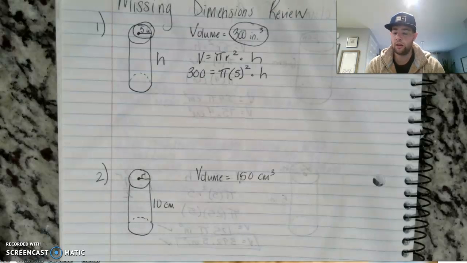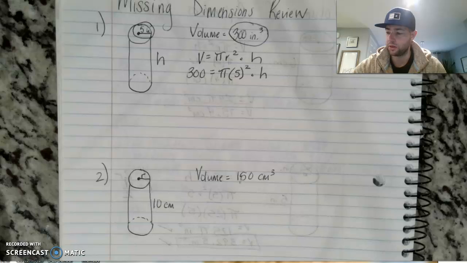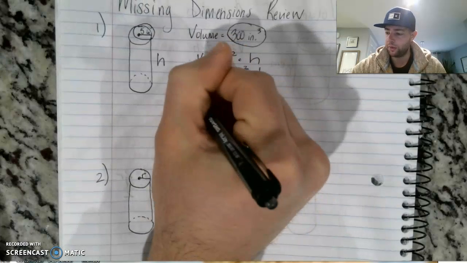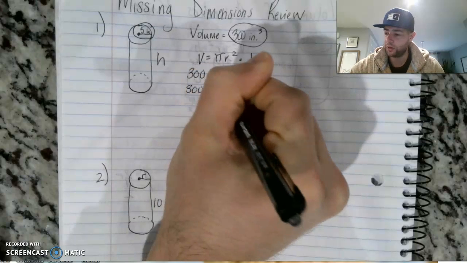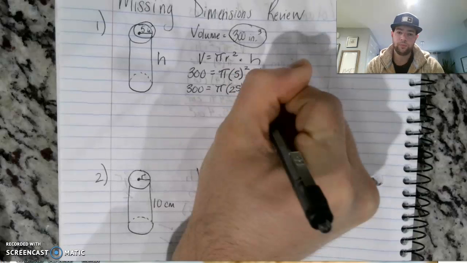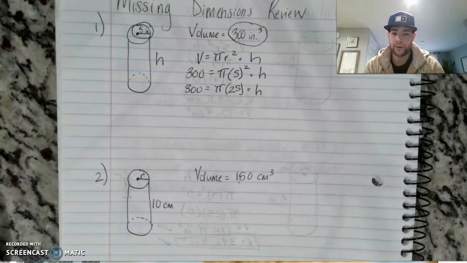So in order to do that, the first thing we're going to do is 5 squared. So I'm going to bring down 300 equals pi times 5 squared, which gives us 25, times h. And then the next thing we're going to have to do is multiply 25 times 3.14.